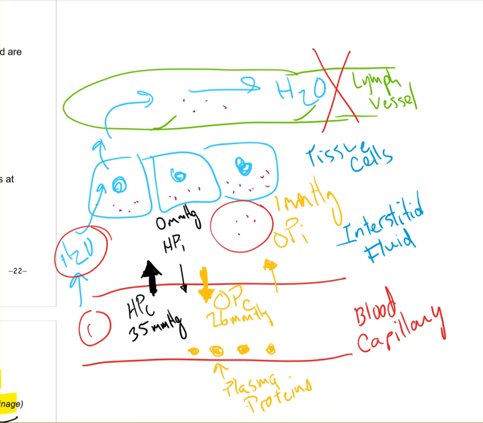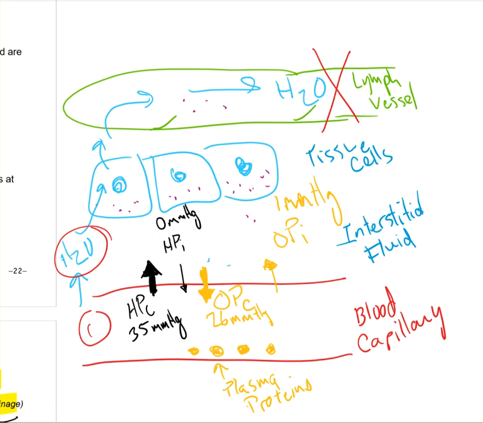So what that will do is it will increase the hydrostatic pressure of the interstitium, and it will increase this because these guys aren't leaving, there's going to be more proteins here. And because there's more proteins, then water will want to go into this area, all right? So that pressure will also go up, all right?